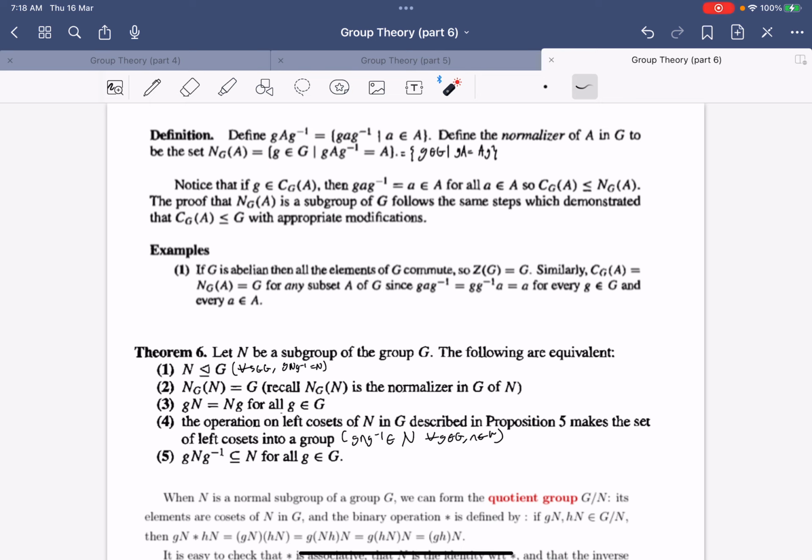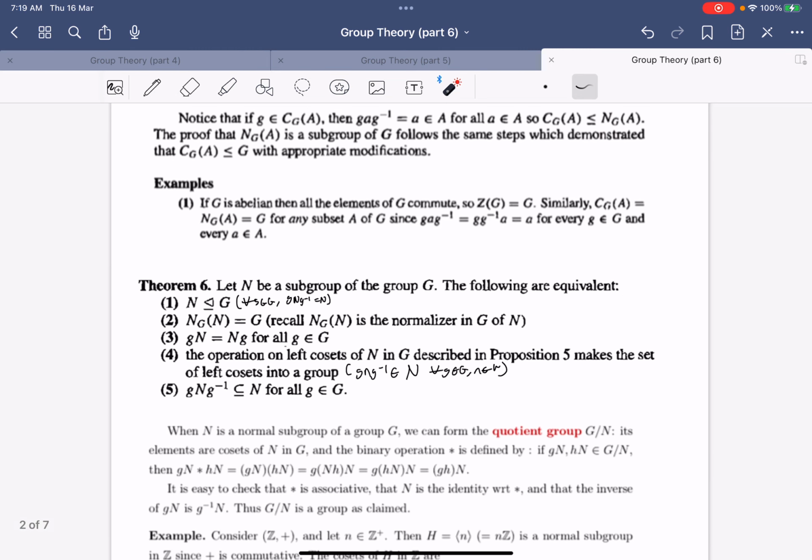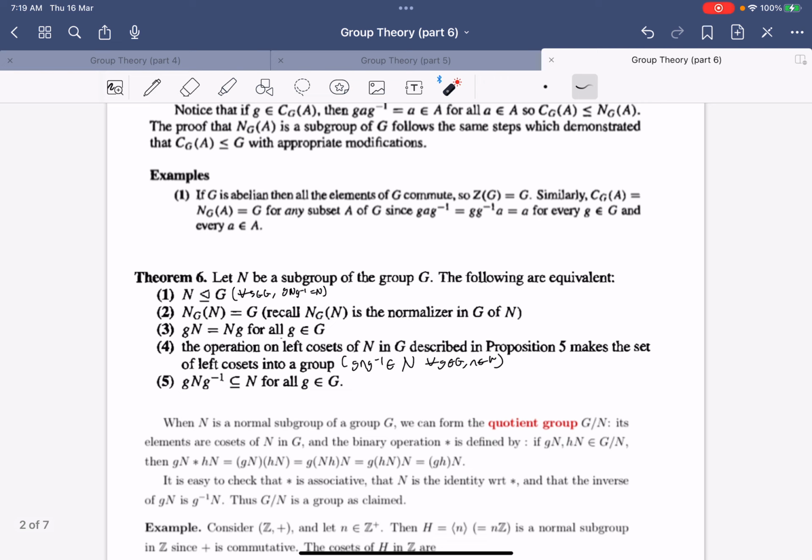And we can see that if A is normal, then all g's satisfy this property, meaning the normalizer of a normal group is just the whole group G. And we can further prove that the centralizer of A is actually a subgroup of the normalizer. And the steps are very similar to what you have always done.